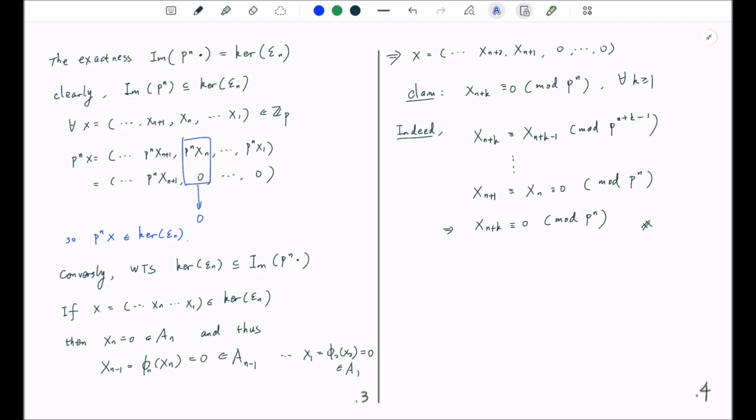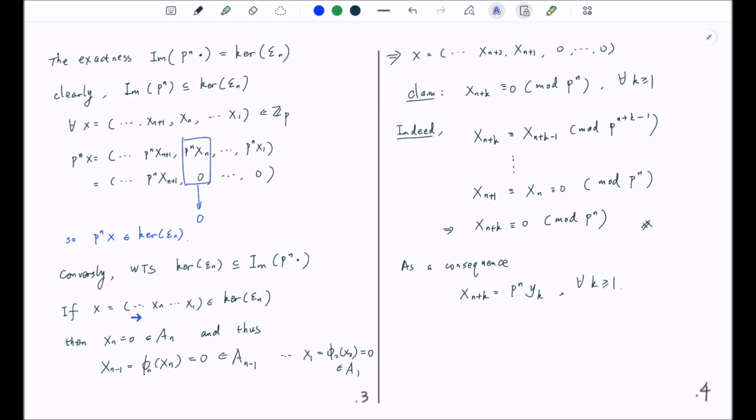Now, what does this claim tell us? This claim tells us that x_{n+k} is divisible by p^n. And as a consequence, we can factorize x_{n+k} as a product of p^n and another integer y_k. And this is for any k bigger or equal to 1. And now remember, our goal is to show that this kernel is contained in the image.